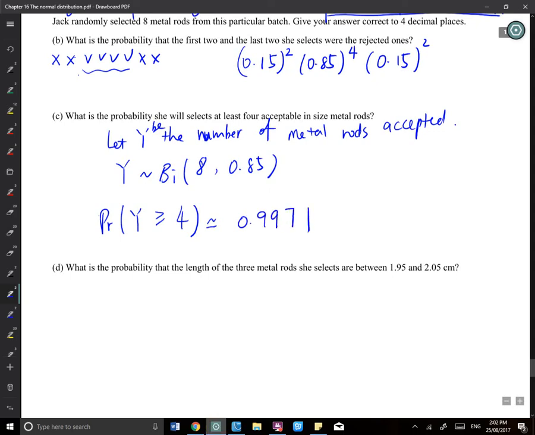Okay, you need to understand, yes, the length of the rolls is normally distributed, but the number of metal rolls selected will be binomial distribution. Okay, it's 2 distributions mixed up together here. You can have more kinds of distributions mixed up in the VCAL question, so that will be quite similar to this type.